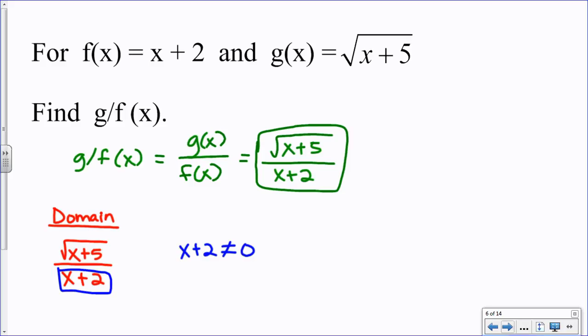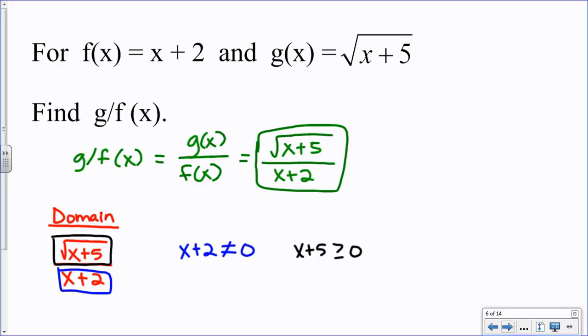So this time my numerator matters because it's a square root. So that tells me then that x plus 5 must be greater than or equal to 0. So radicals tell you greater than or equal to 0. Denominators tell you can't equal 0.